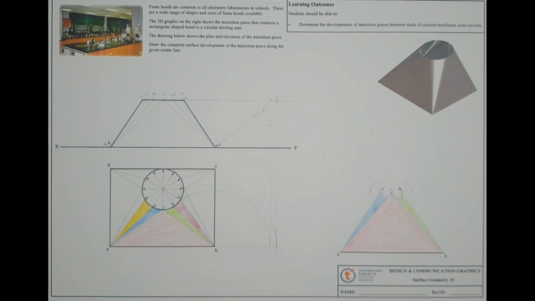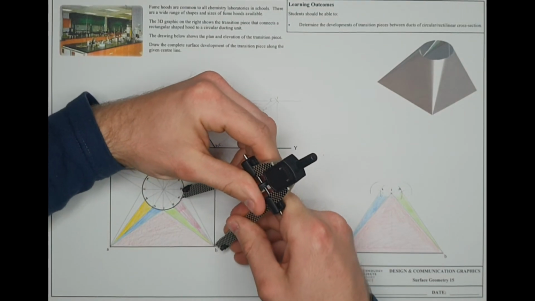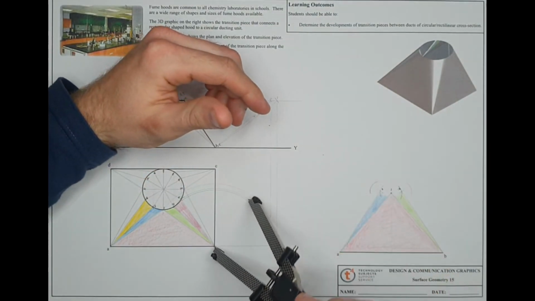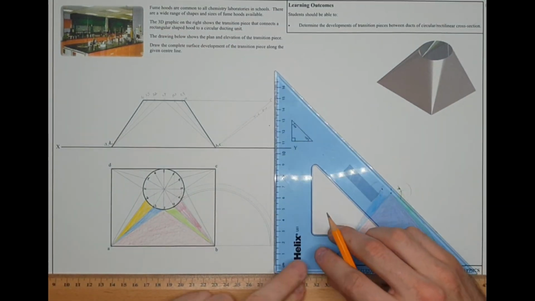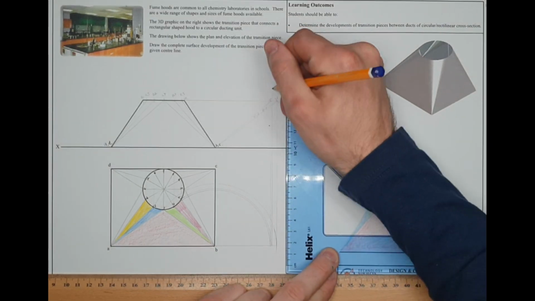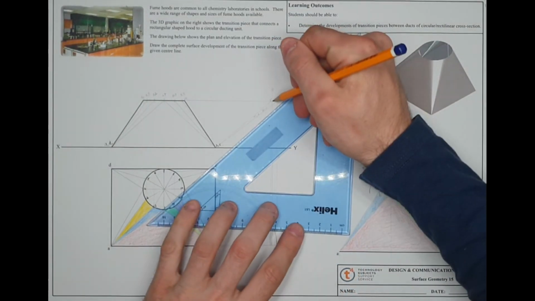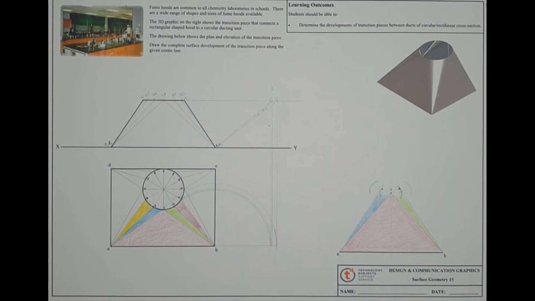I need some true lengths. I'm going to go from B to 11. I've already struck one arc for 11. This is going to be my second one. That's the true length of the line, B11. Now these are all getting so close to each other, so take care.